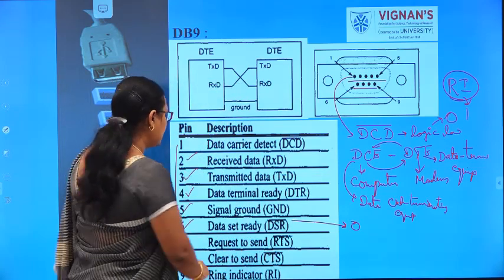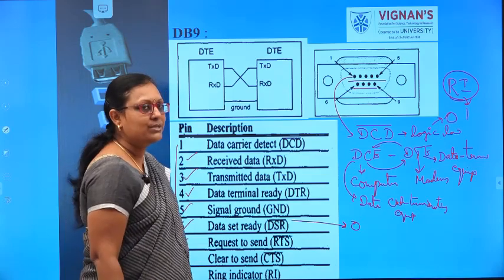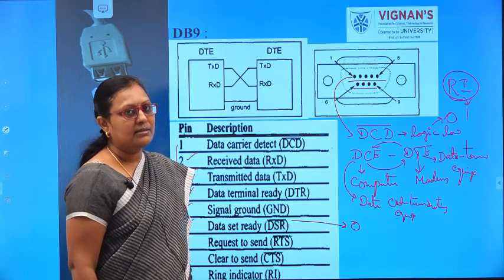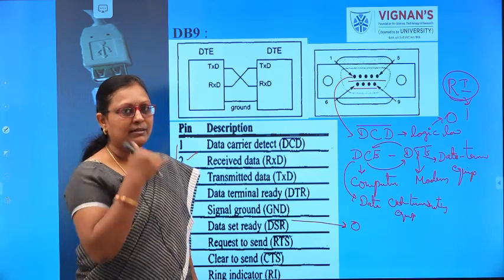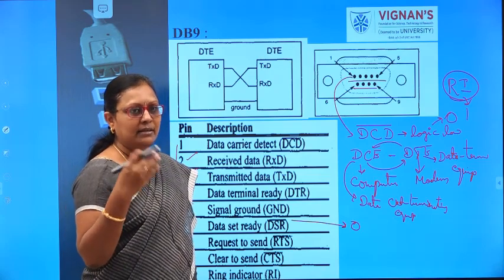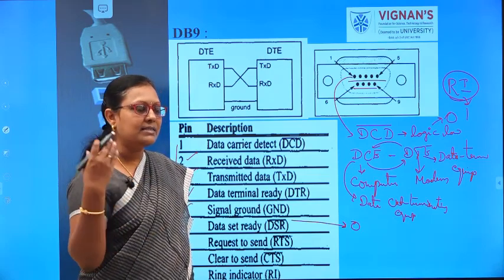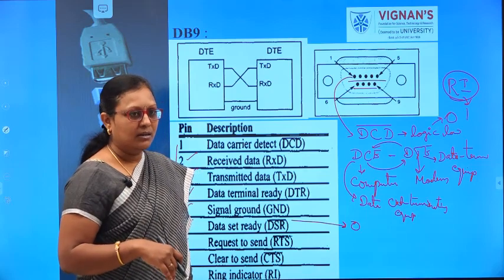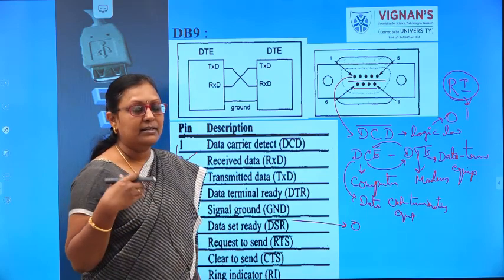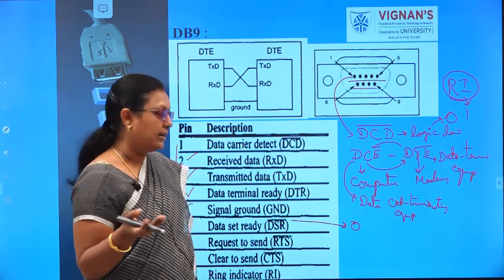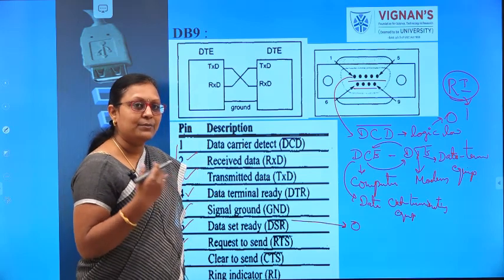Then the 7th pin is request to send. Request to send means if the receiver is ready to receive the data and it can receive, it will ask the sender to send the data. If the sender does not transmit any data at that time, your receiver will request the sender to send the data.